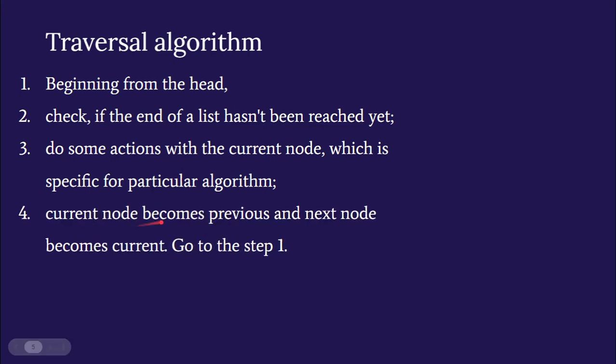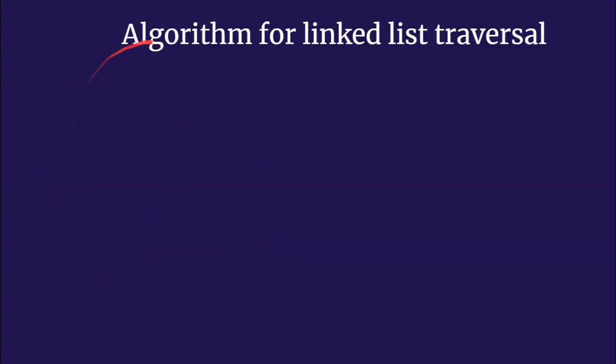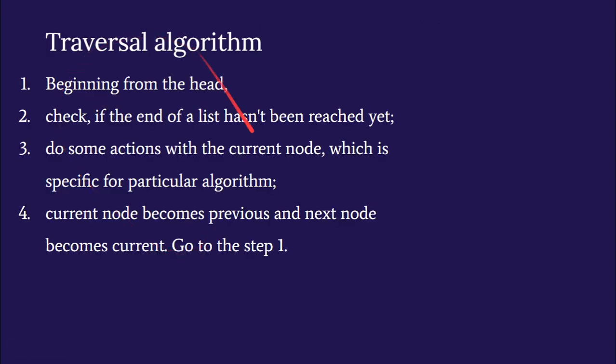And then the current node becomes the previous node and the next node becomes the current node. So now the pointer moves, and the pointer keeps on moving, the next node becomes the previous node, and then the next node becomes the current node. Okay, so this is the way we can successively go through the continuous nodes. Then once the work is done, go to step 1, beginning from the head. So this is the way this routine continues to traverse the whole set of elements in the linked list till the end of the list is reached.